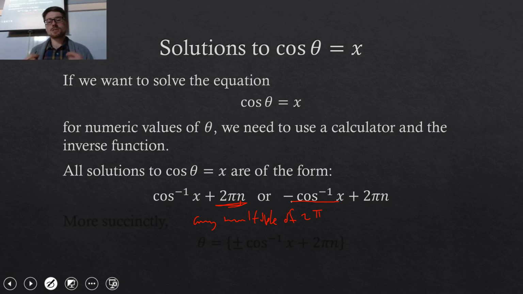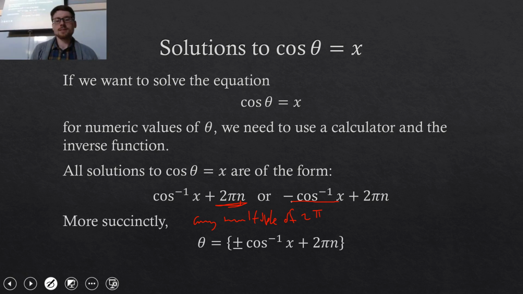There's a more succinct way to say this, and that would be to say that theta that solves this equation is going to be either plus cos inverse of x plus a multiple of 2 pi or minus cosine inverse of x plus a multiple of 2 pi.